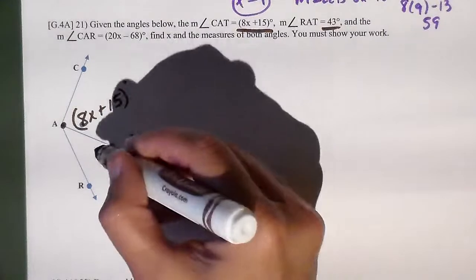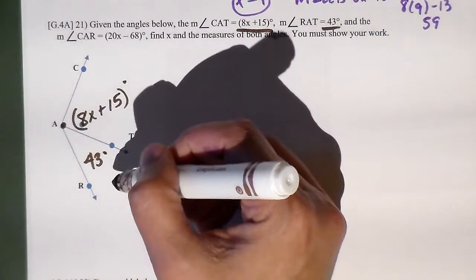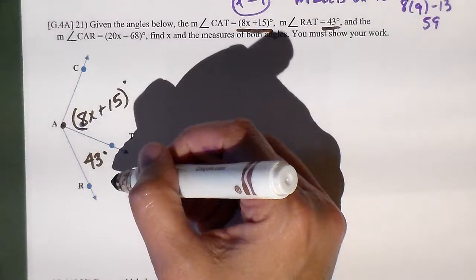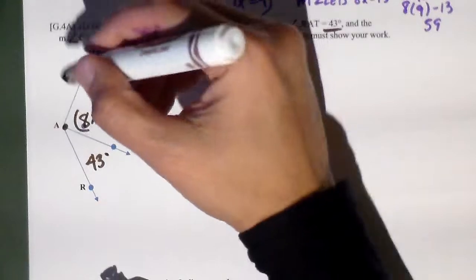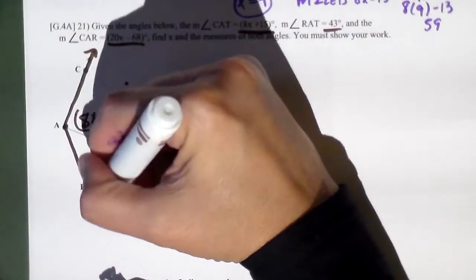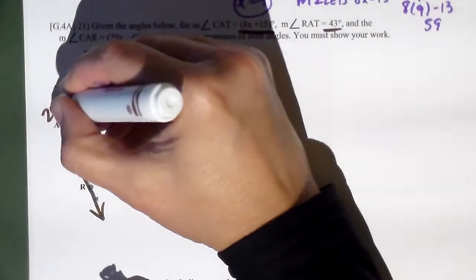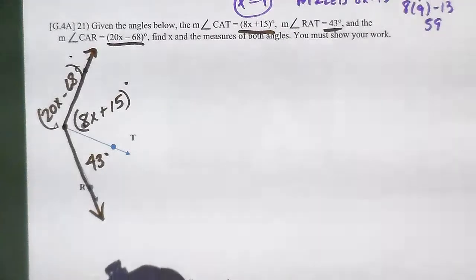RAT is 43. Notice how I picked interesting names there. Hopefully cat doesn't eat rat, because then we'd only have one angle left, but that's not important. And then we have CAR, which is the big guy, the entire angle, CAR, which is 20x minus 68 degrees.